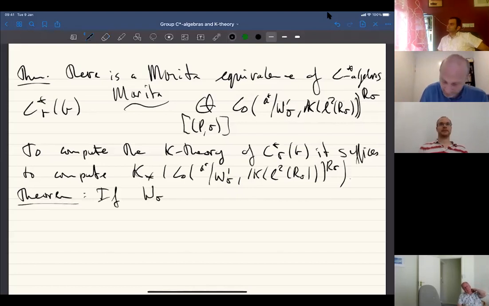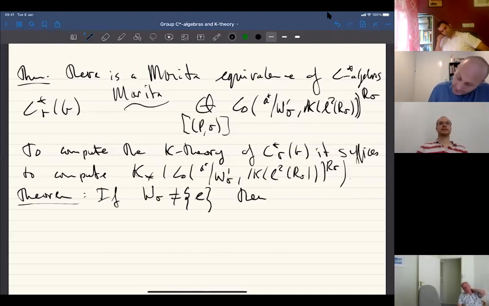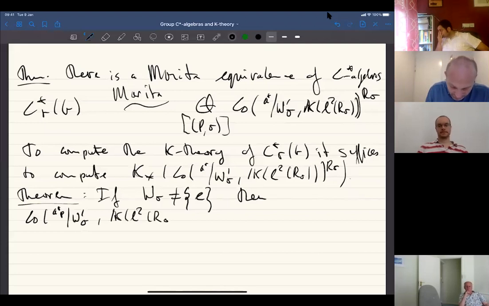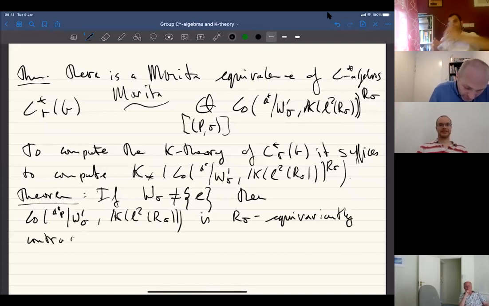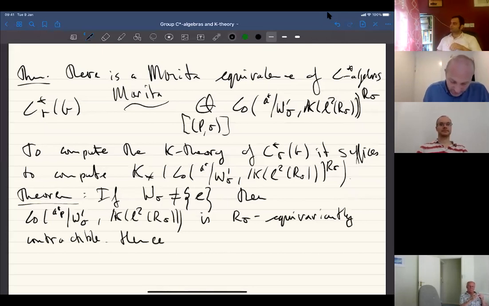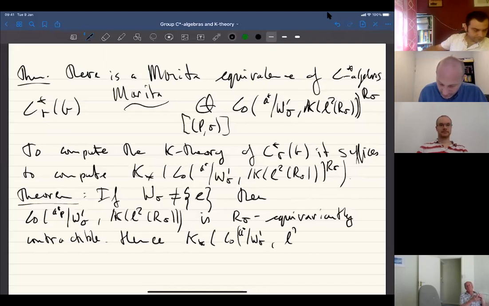So if W sigma is not equal to the identity element, then it turns out that C0 AP star W sigma prime is R sigma 0 equivariantly contractible and hence the K-theory of the fixed point algebra is 0.